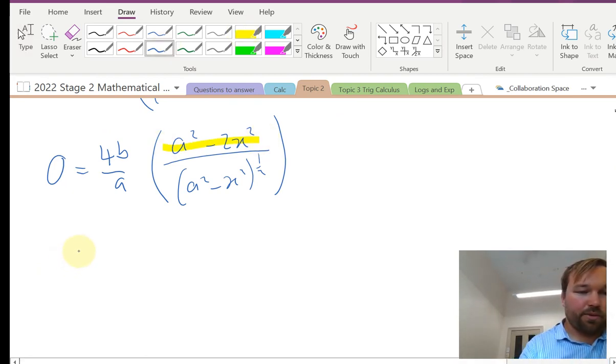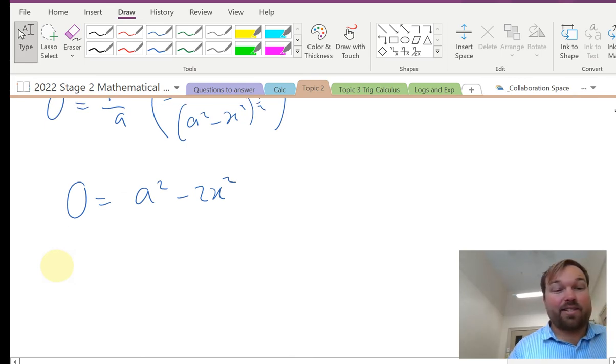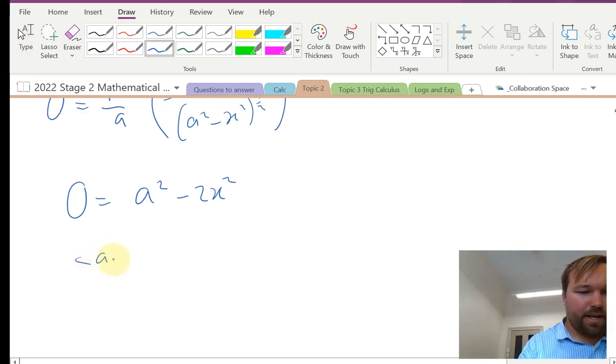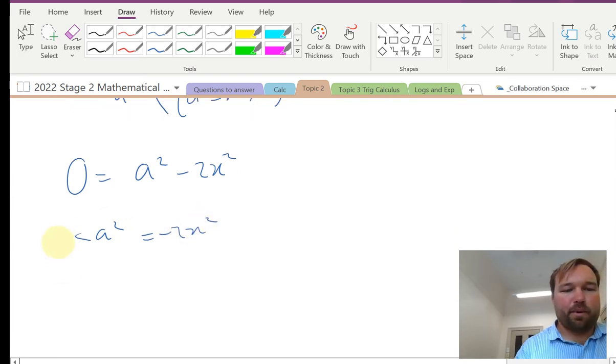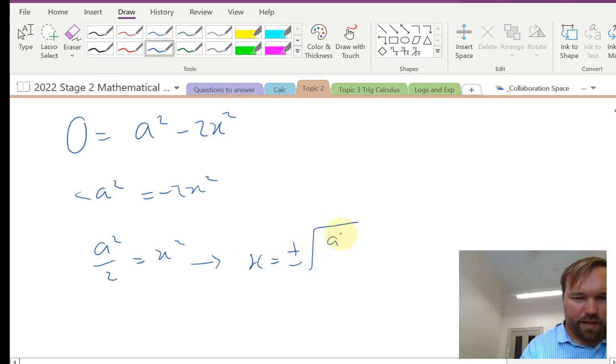So therefore, I can almost drop everything else off and say 0 equals a squared minus 2x squared. And here we want to get x entirely by itself. So minus a squared equals minus 2x squared. Divide both sides by minus 2. A squared on 2 equals x squared. X equals plus or minus the square root of a squared on 2, which equals plus or minus a on 2.